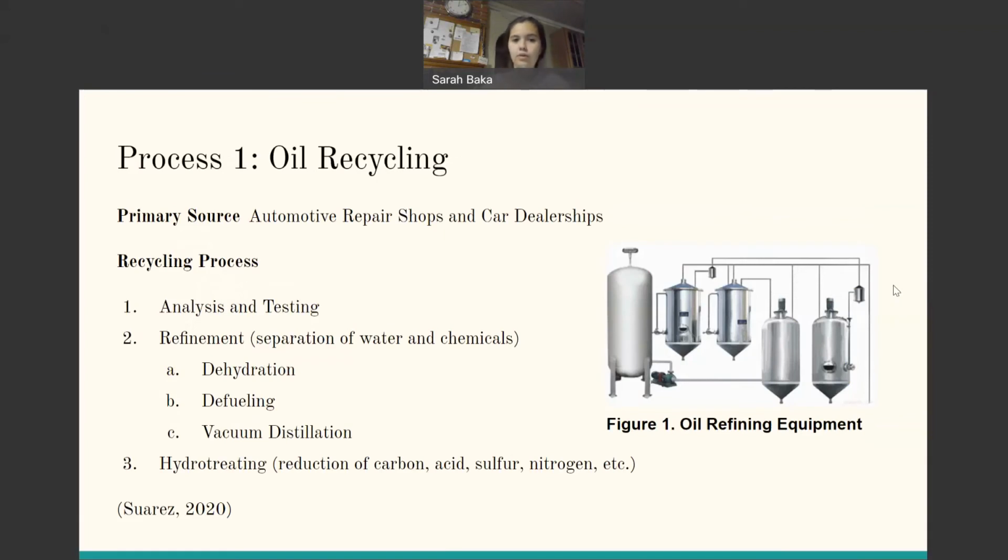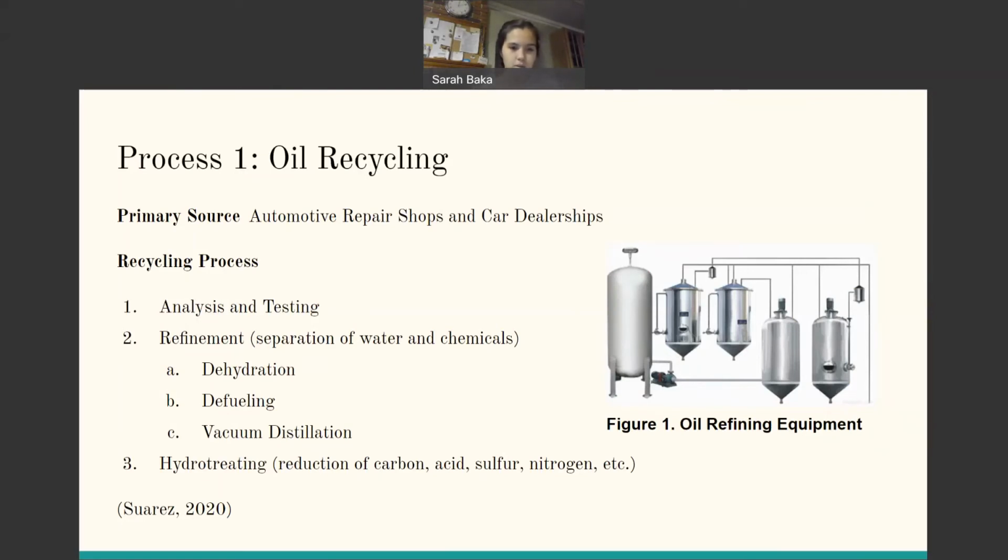So now I'm going to go into specifics about some of the most widely recycled materials, starting with oil recycling. The source of oil is primarily automotive repair shops and car dealerships. So when you think about an oil change or something like that, it goes through the following process.